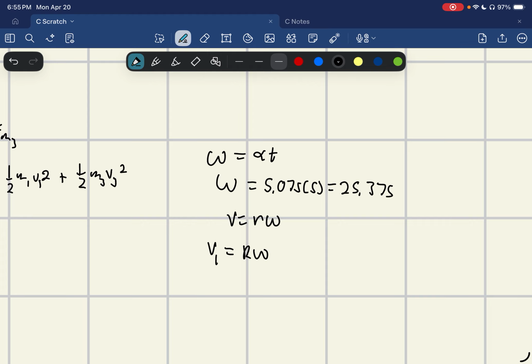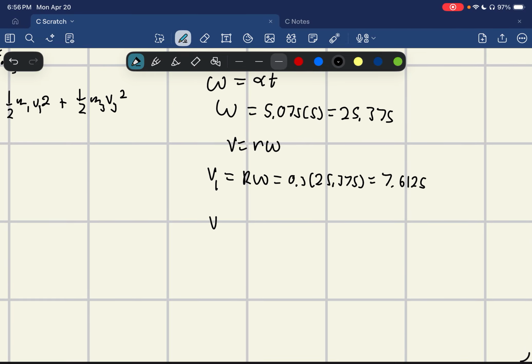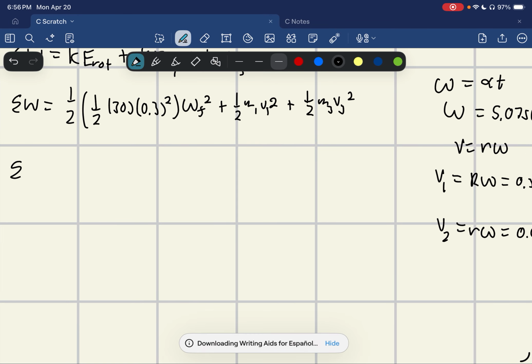And they all have the same omega because they're all one system connected to one cylinder, and the cylinder is connected to the axle. So it is equal to 0.3 times 25.375, and that will equal 7.6125. And then v3, same thing, but instead of big R, we're going to use little r. So r omega is equal to 0.03 times 25.375, which is equal to 0.76125.